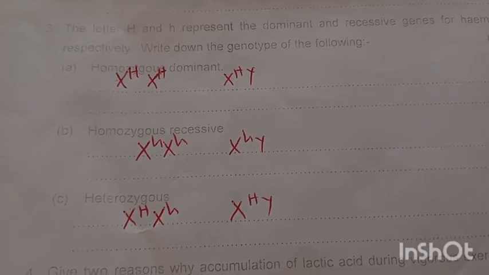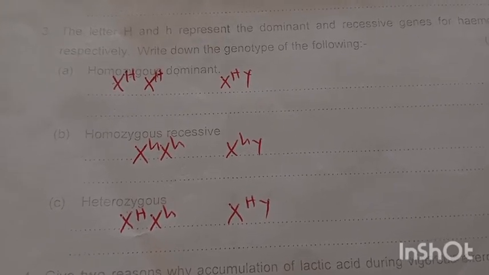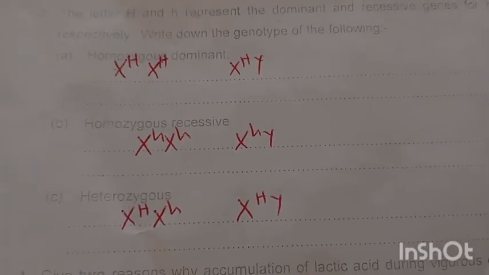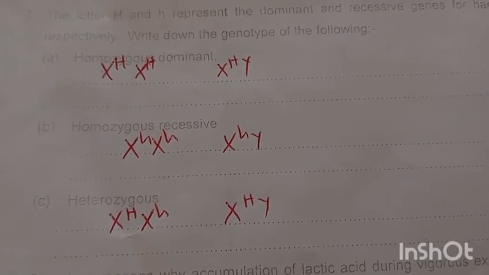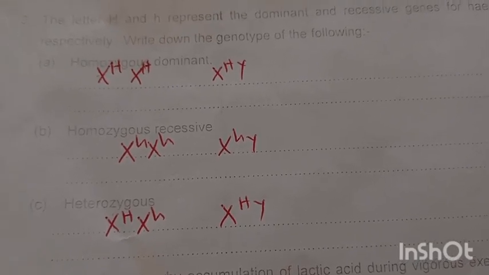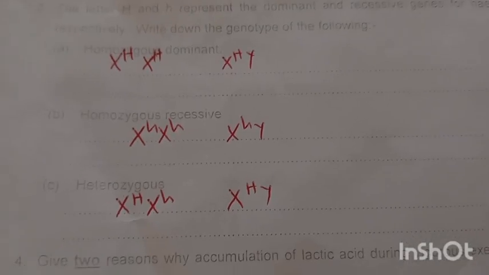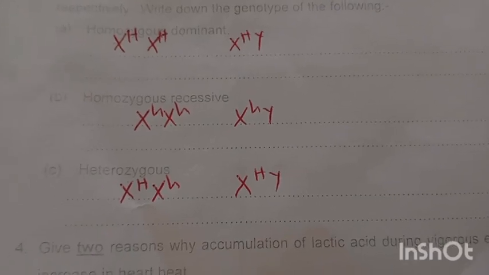So homozygous dominant, it's like that, XHXH, or if it's in a male, XHY. So those genes or those alleles are carried by the sex chromosome. That's why we represent them as that.